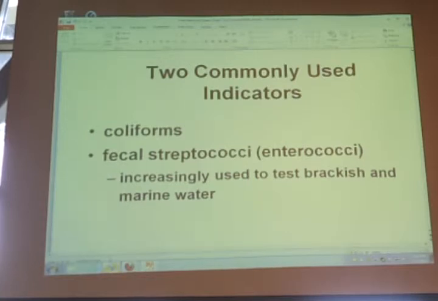I'm not going to ask you to just write out that definition, but it is helpful if you know it. Remember that it was a rod-shaped, non-spore former, fermented lactose with the presence of gas in 24 to 48 hours. Actually, it's a facultative anaerobe on top of that. Have the whole definition.